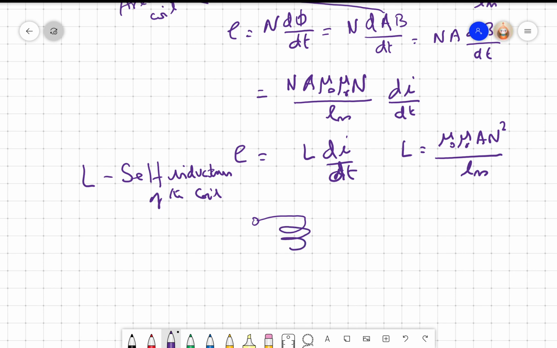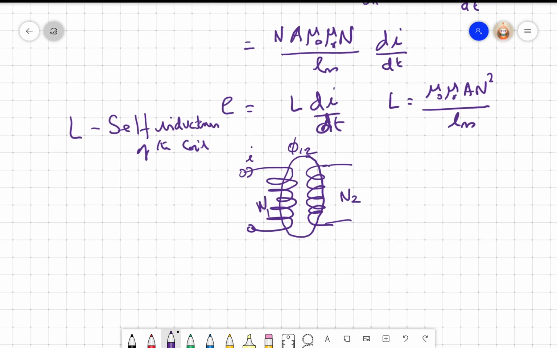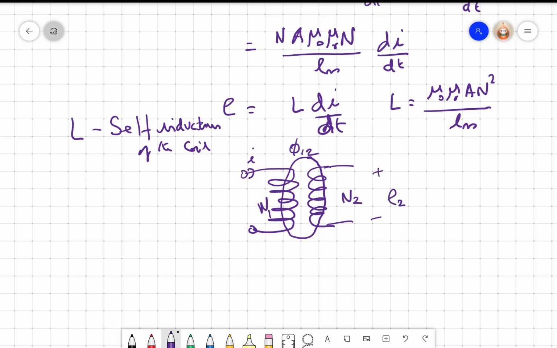It's also possible that I have N1 and I have N2, and if I send a current I here, that generates voltage in the other coil N2, because there would be a flux generated. So we call this phi 1 2, right? So we can write now there will be an induced EMF E2 equal to N2 d phi 1 2 by dt.